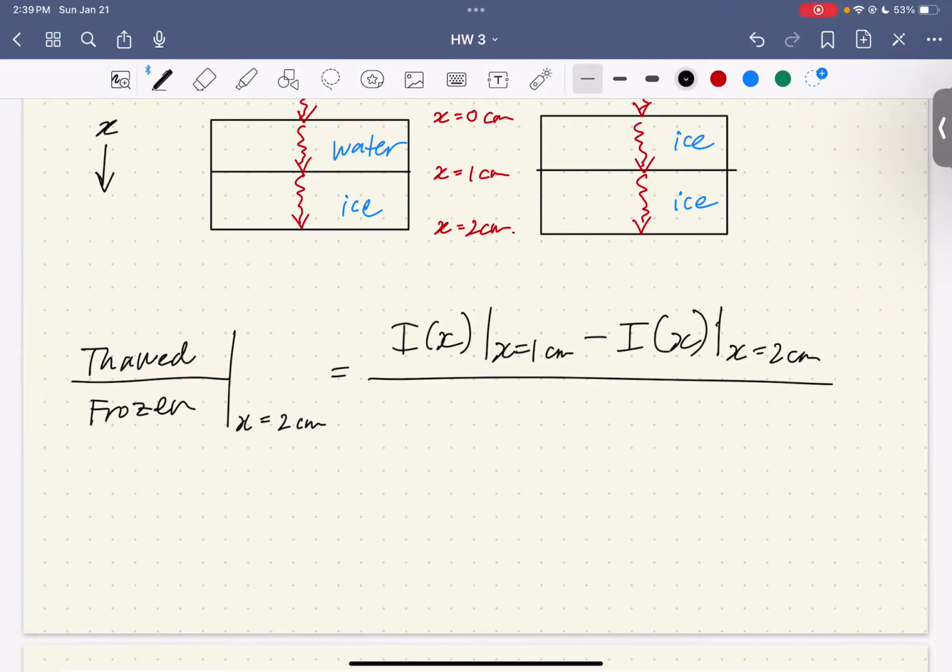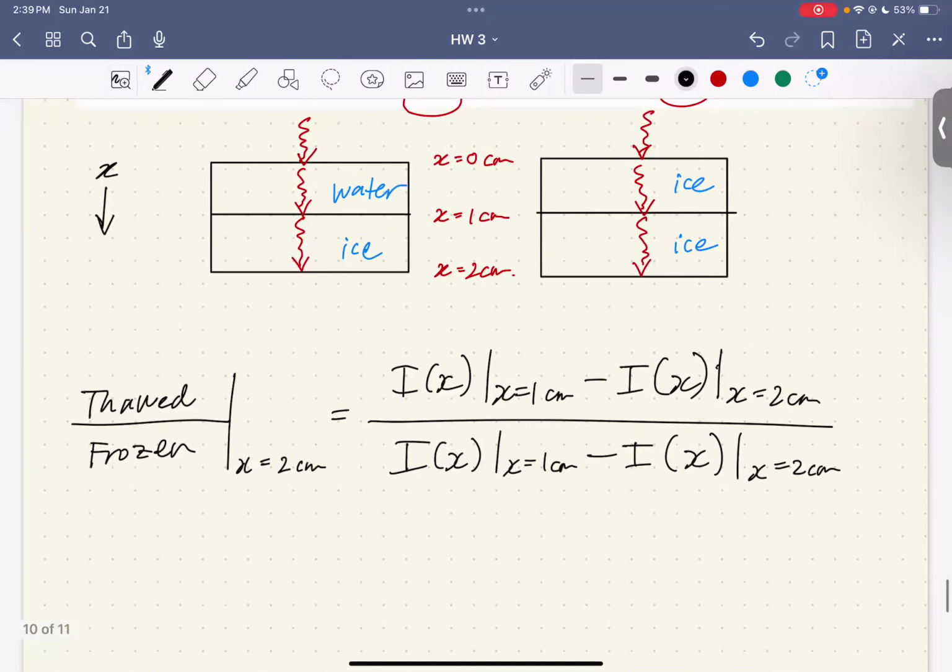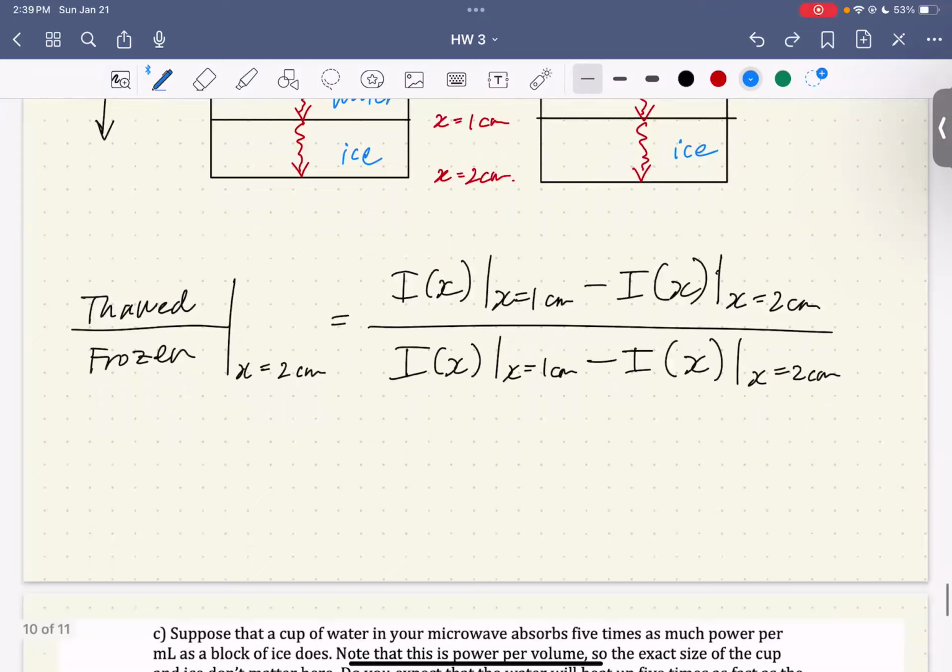And then on the bottom, same exact thing. And my question to you is, what are the different values here? And it's definitely not that final value because they're both going to be ice. This is ice, right? It's going to be ice.